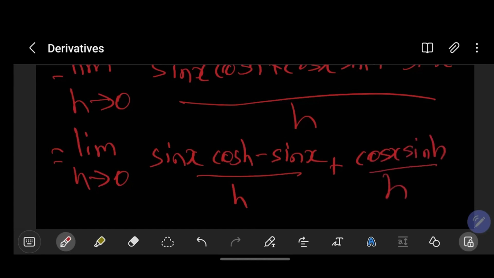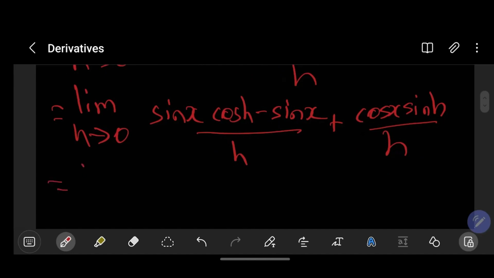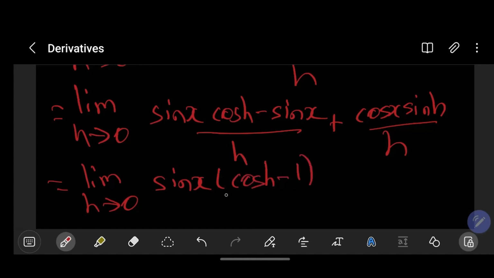Okay, and if we take out the common factor here, which is sine of x, that will be sine of x into cos of h minus 1 all over h, plus we can rewrite this as cos of x sine of h over h. Okay, so what do we do next?